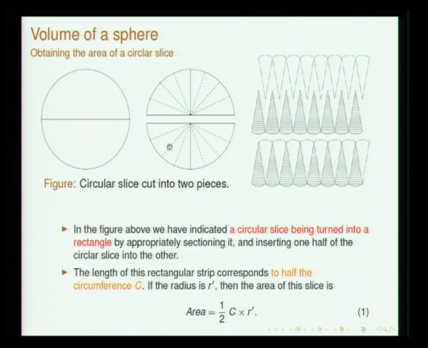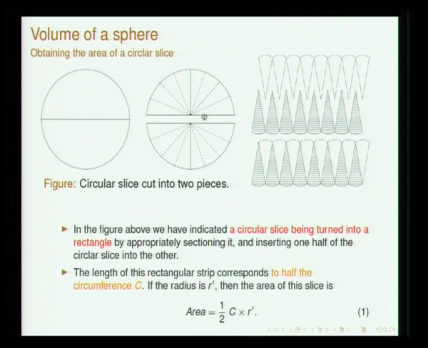For doing so, you conceive of one slice and then divide that slice into half. Then you cut it into almost similar triangular pieces.